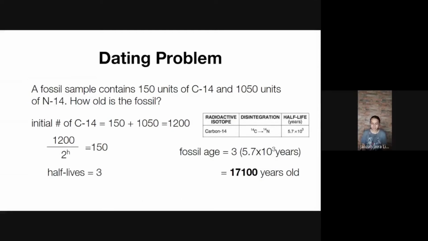It's a 17,100-year-old fossil. So when it comes to your worksheets, there will be a couple of problems that look like this, but we're going to use a simulator from PhET to help you with your dating problems on rocks, not on people, okay?